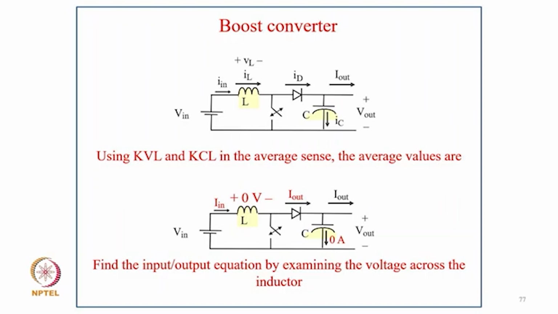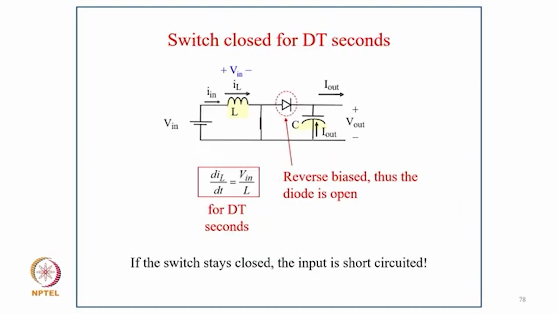So find out the input-output condition by examining the voltage across the inductor. When we switch on, the voltage across the inductor gives di by dt equal to Vin, or dIL upon dt equal to Vin upon L for the switching on period. The diode becomes reverse biased, thus the diode is open because the output voltage is more, and the voltage across the switch is 0.